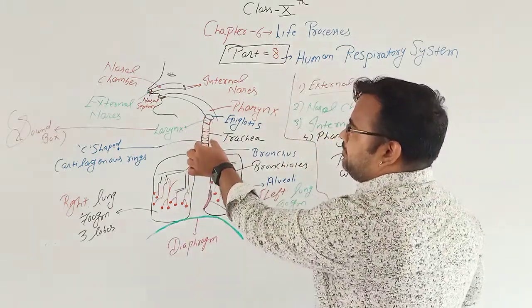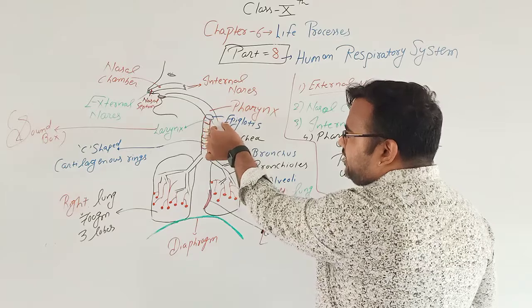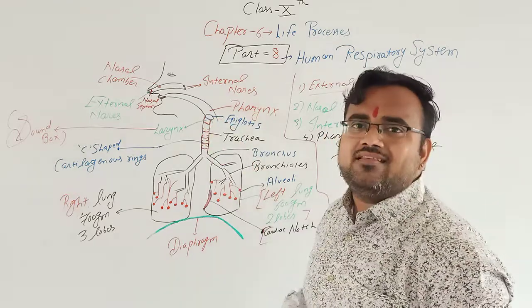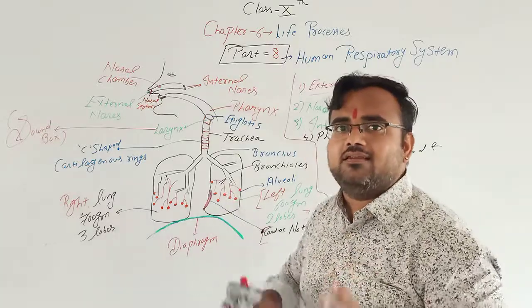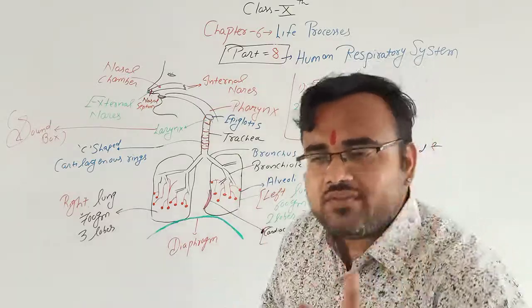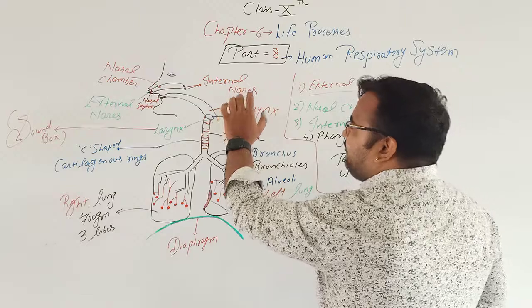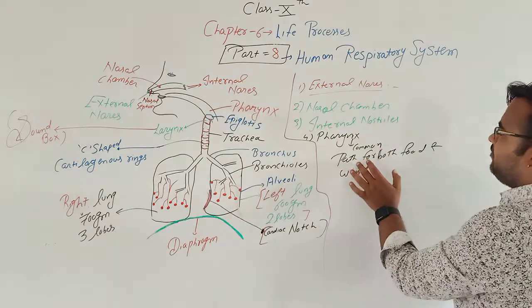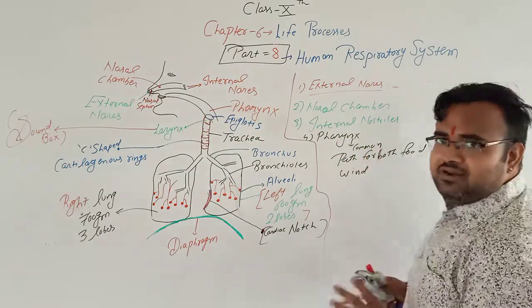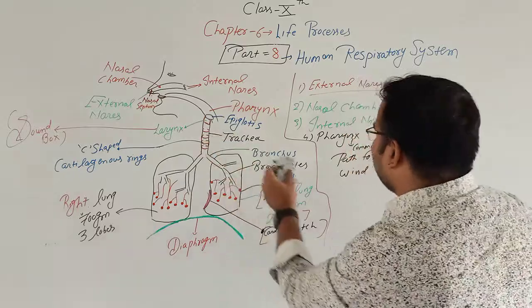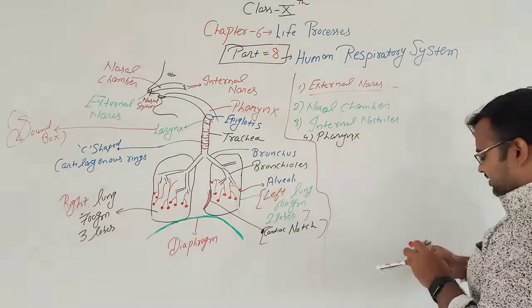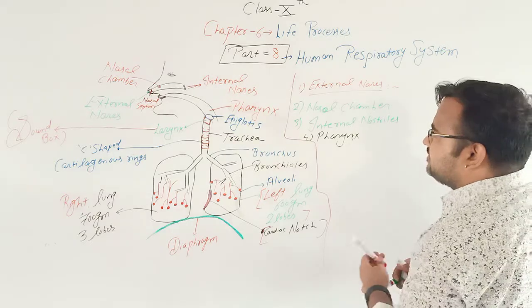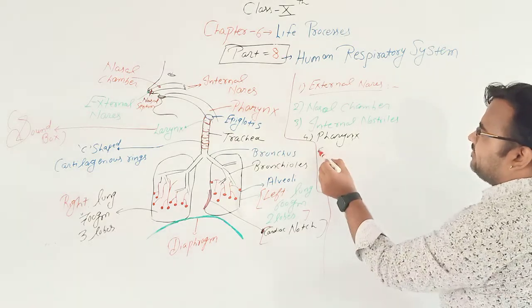This is the wind pipe, and the other pipe that continues is the food pipe, known as the esophagus, which we have already discussed in the human digestive system. Then after the pharynx, the next very important part of the human respiratory system is the larynx.